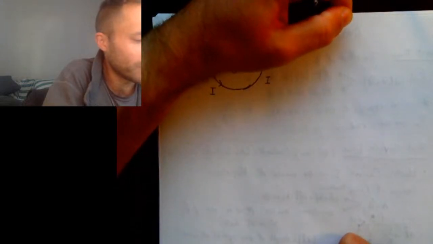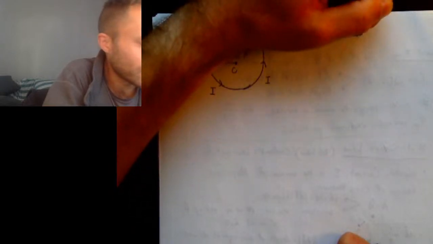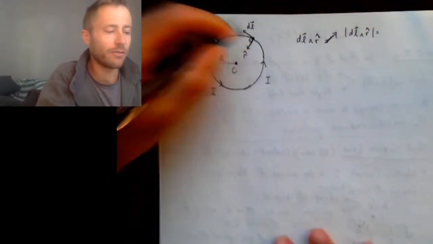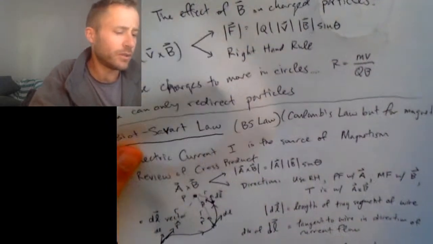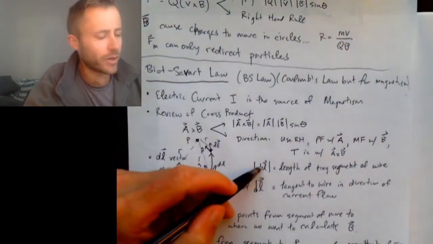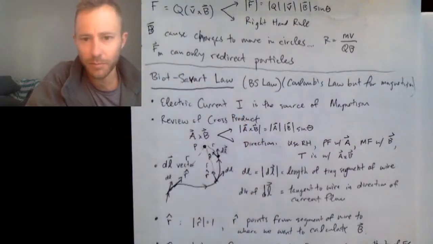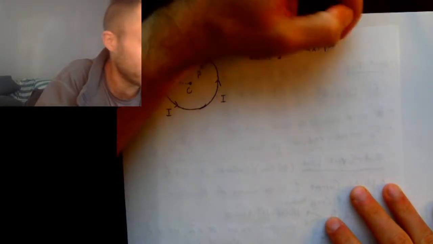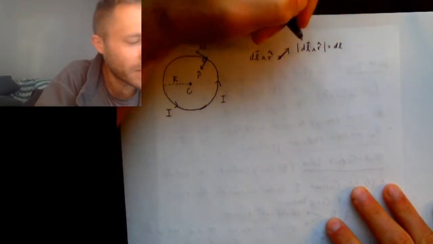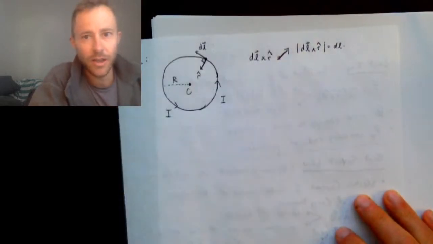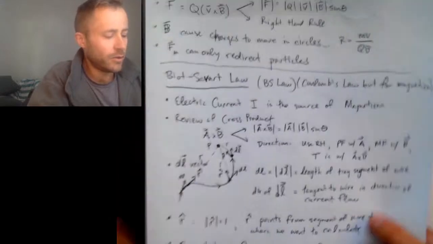well, let's just do the magnitude first. So the magnitude of dl cross r hat is going to be the magnitude of the dl vector, which a lot of times we will just write as dl without the arrow over the top, times the magnitude of r hat. r hat is a unit vector.